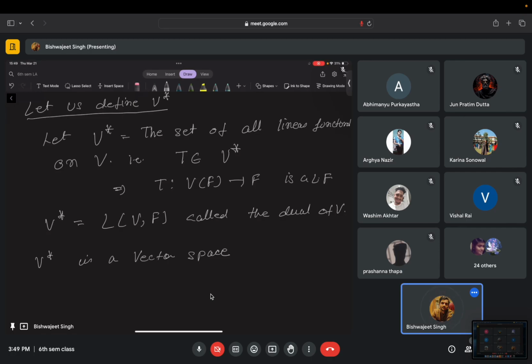Yeah, so this V star is again going to be a vector space, right?